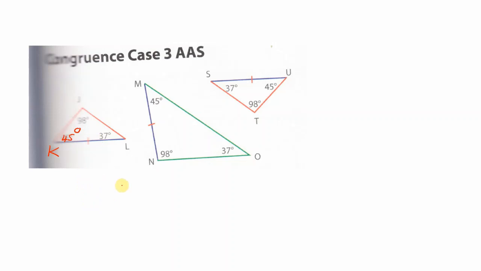So therefore we can say that triangle JKL is congruent, and now order is again important. So from 98 to 45, 98 to 45 degrees. So it's congruent to triangle TUS.